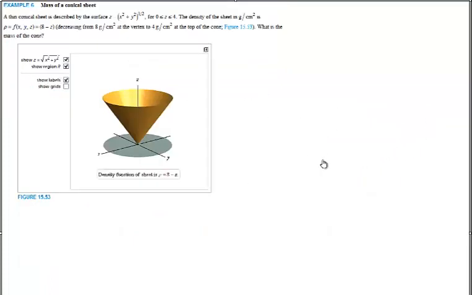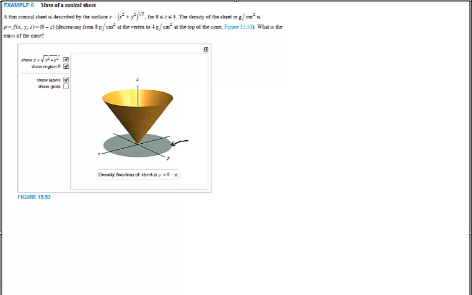All right, we have this cone that is denser at the bottom than it is at the top, and we're supposed to find the mass of the cone. Well, first we're going to need to know what the projection is onto the XY plane. Here's our z function.